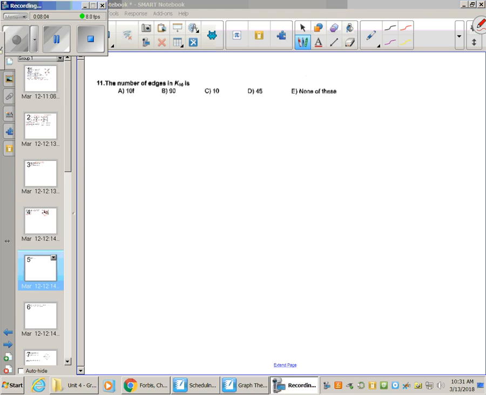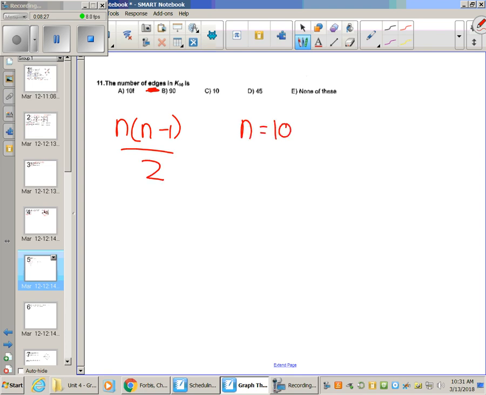Okay, the number of edges in a K10 graph is what? Well, that's telling you a complete graph with n vertices, 10 vertices. Remember that means you have 10 dots all connected to all the other dots. We have a formula for the number of edges. Remember these formulas from the quiz. n times n minus 1 over 2, where n is equal to 10 in this case.